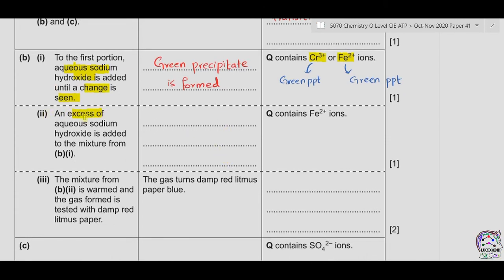Two, an excess of aqueous sodium hydroxide is added to the mixture from B part 1. And the conclusion is that Q contains iron 2+ ions. As we know, iron 2+ ions form a green precipitate with aqueous sodium hydroxide, but this precipitate is insoluble in excess, while the precipitate of chromium 3+ is soluble.